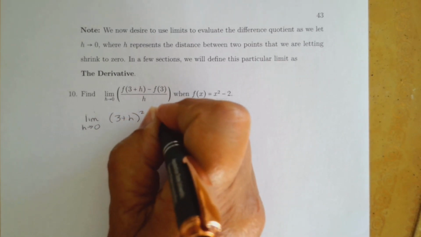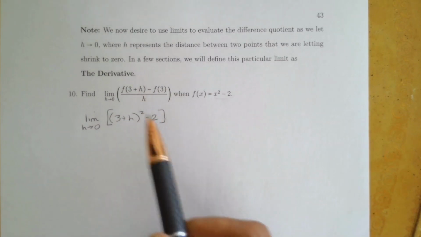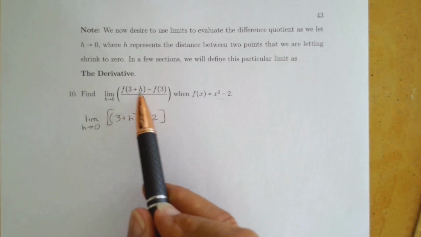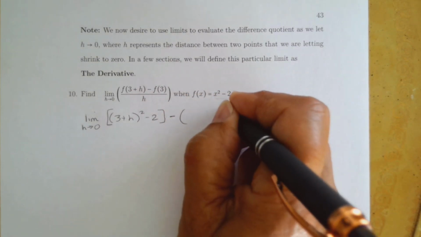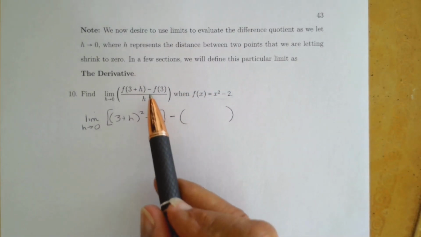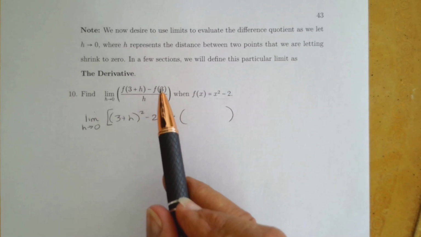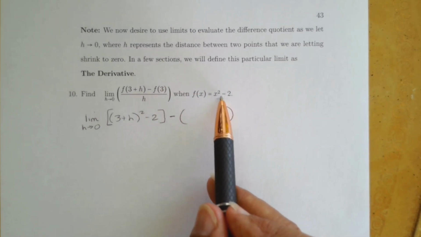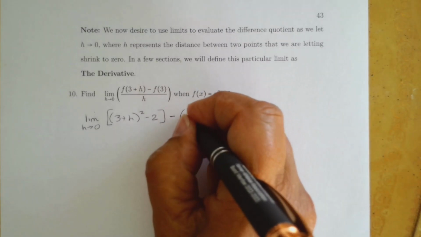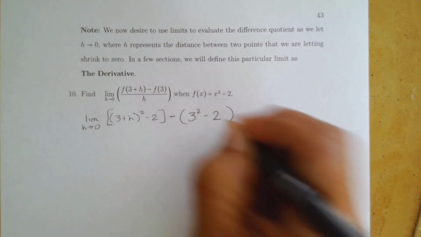And I'm going to put that in brackets just so you can see that's this first part. Okay? Then it says minus, and I'm going to put this in parentheses. So minus f of 3. What does that mean? Well, that means plug 3 in here everywhere there's an x. So over here, I'm going to write 3 squared minus 2.